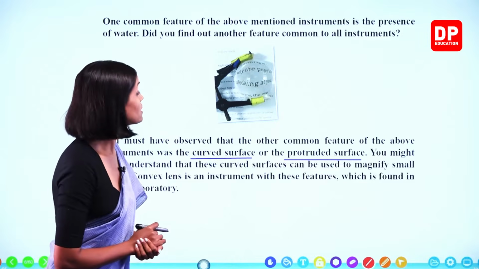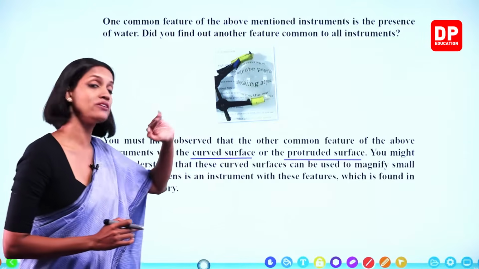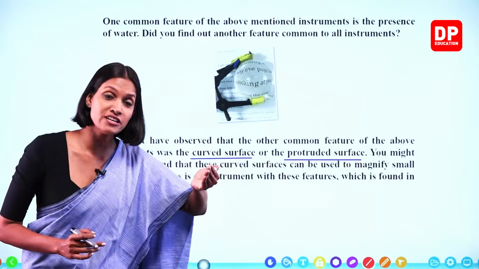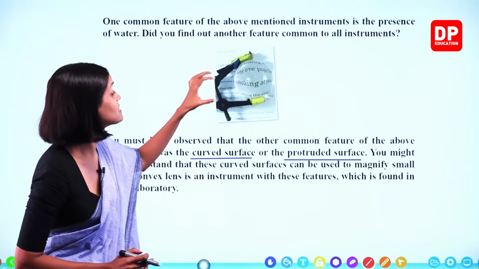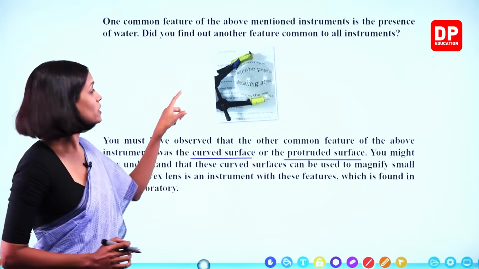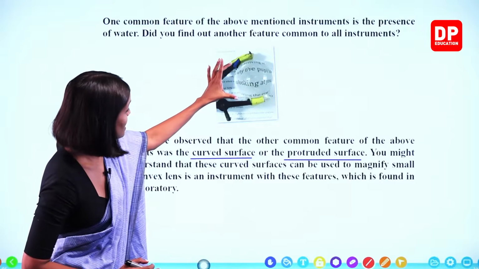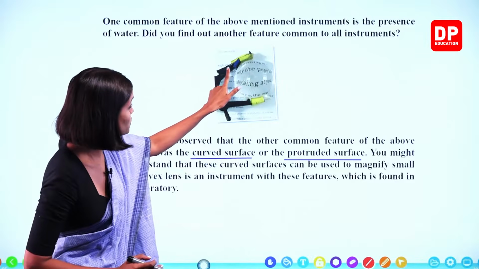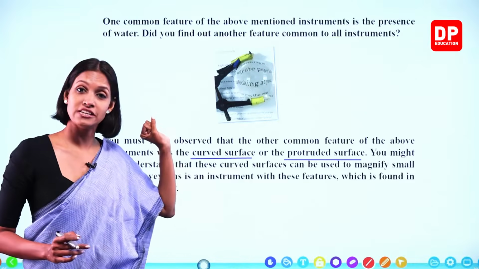Which means when we look through the curved surface, we can read bigger letters. The letters get magnified. Look at this picture. These letters are very small, but when you use a glass sphere like this, through the glass sphere, you can see very easily the letters are magnified.